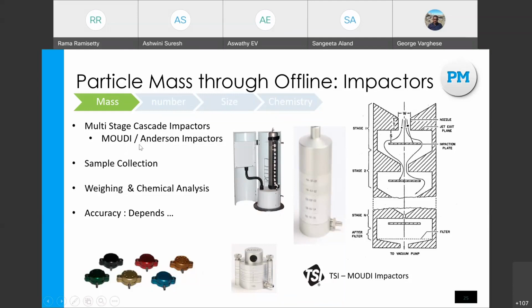The difference between the Anderson and Marple impactors is very clear: the Marple impactors' cut points are very accurate. Once we collect the mass on these filter papers, we do pre-weight and post-weight of the particles, and we can also use those filter papers for further chemical analysis.